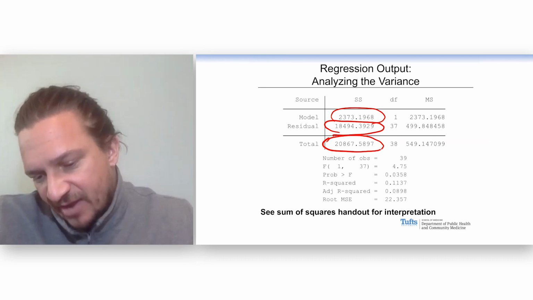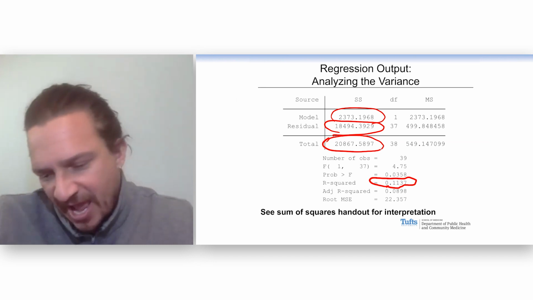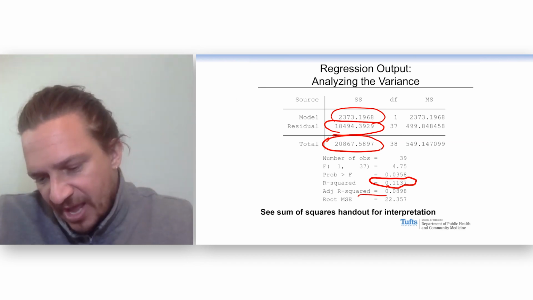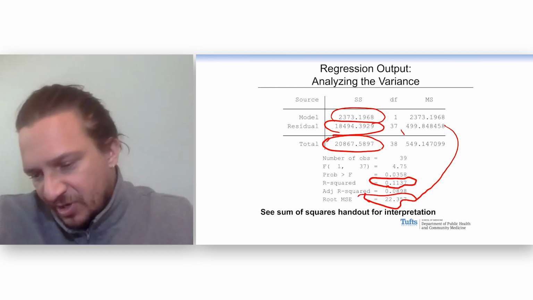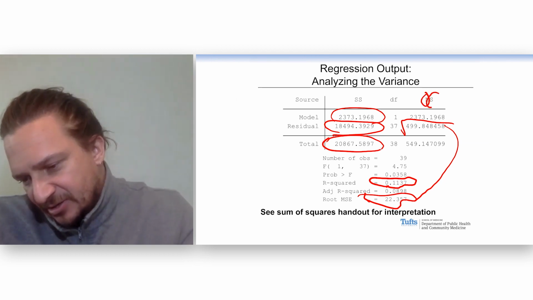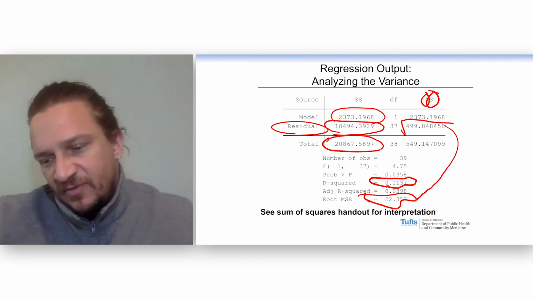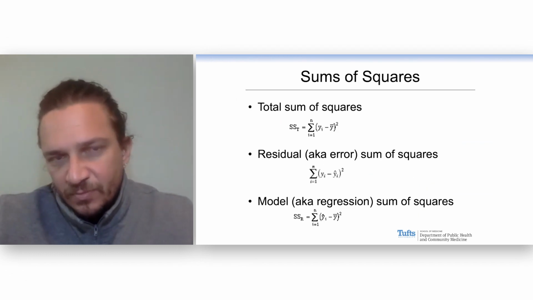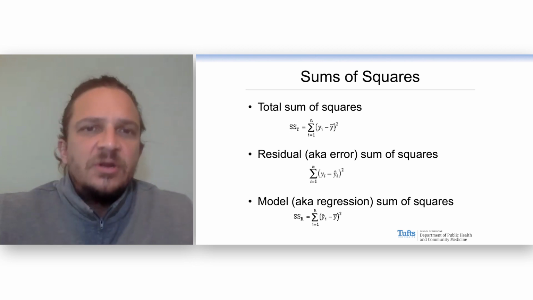We can calculate the R squared, which is the percent of that total variability that's explained by the model. And then we can calculate the root MSE, which is the square root of the mean square error. And that tells us, on the average, how far are the points from the line. The computer will calculate this for us with those equations that we used.